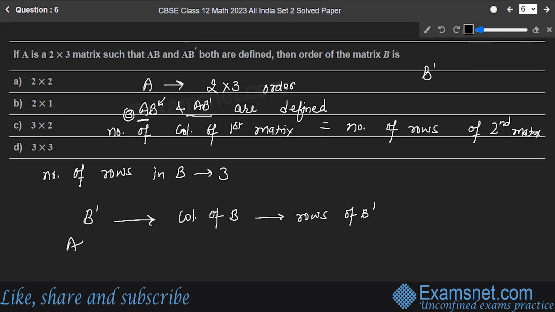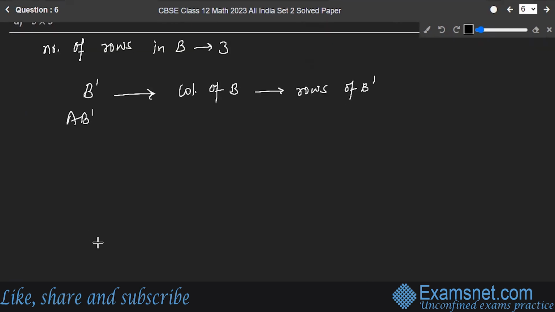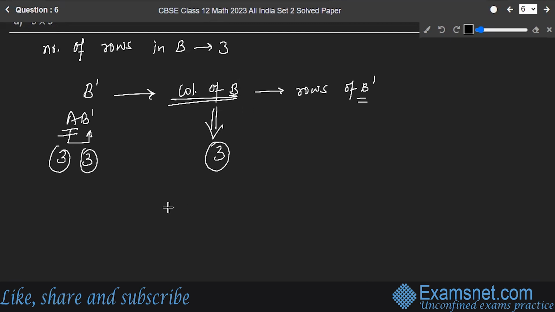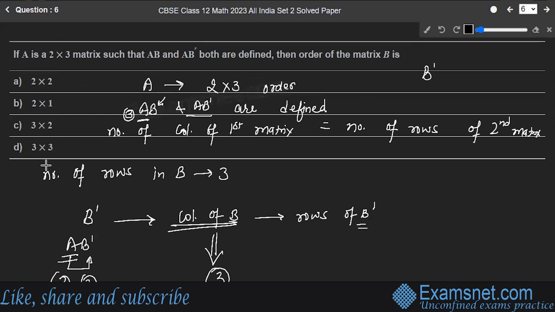And if AB dash is defined, the number of columns of A should be equal to the number of rows of B dash. The number of columns of A is 3. So the number of rows of B dash is also 3, which means the columns of B are also equal to 3. That simply makes B a 3 by 3 matrix. Hope you understood that.